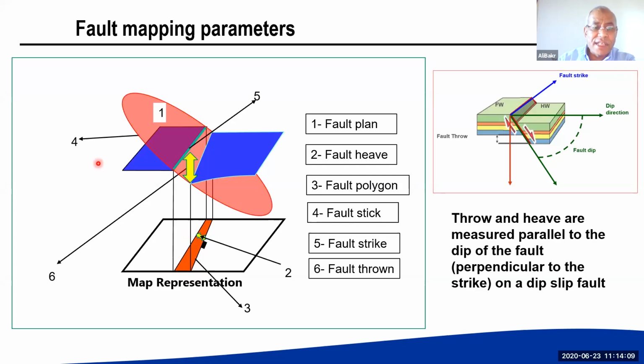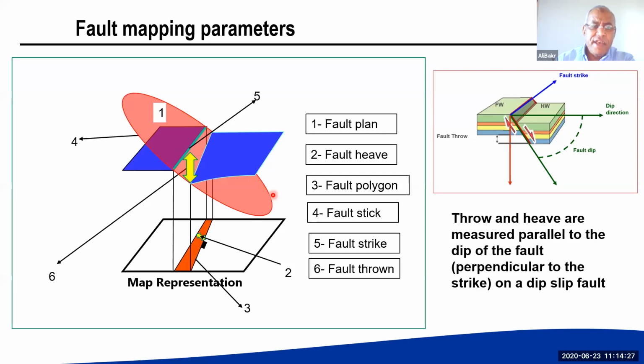If you imagine that there are many beds coming on the upthrown side and many beds coming on the downthrown side, each one of them has a strike with the fault. If we connect those strikes of the fault with the different beds, it will give you the fault plane.